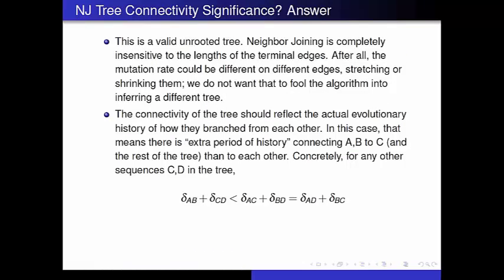So, a couple comments on this. The first is that it's certainly a valid unrooted tree in the sense that there's nothing about this tree that implies that an error was made in the reconstruction of the tree.